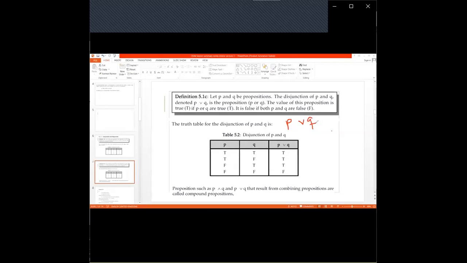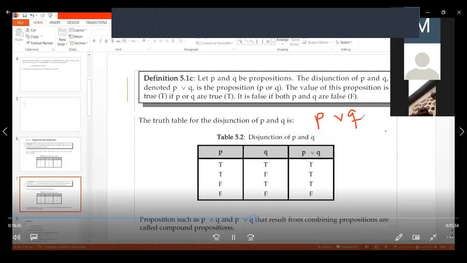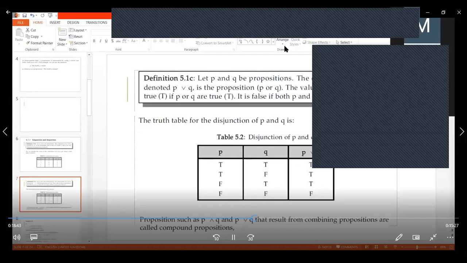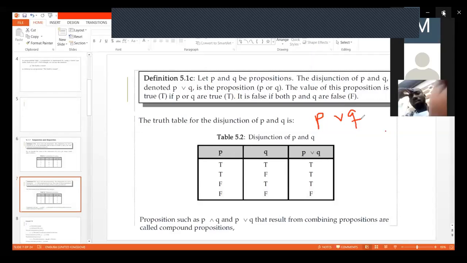So if we say that Messi is a footballer, or Messi scores 20 goals, once Messi is a footballer, it's enough, even if he doesn't score 20 goals, because we are using the word "or". And Messi is a footballer indeed, so the compound statement remains true.